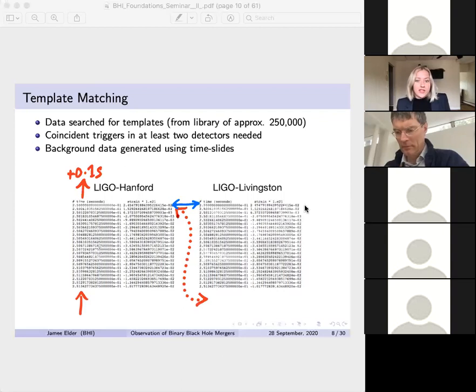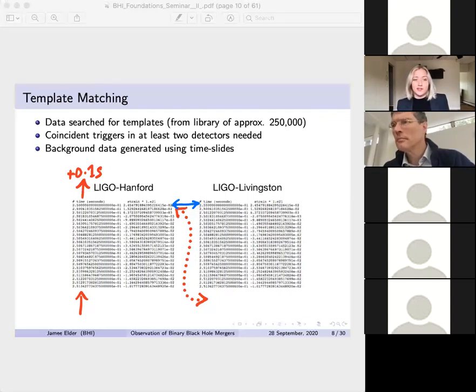And the way that this is established, and here I have a very sophisticated diagram to illustrate this: in order to suggest that this is not merely noise producing triggers in both of the detectors, a background of data is generated using time slides.